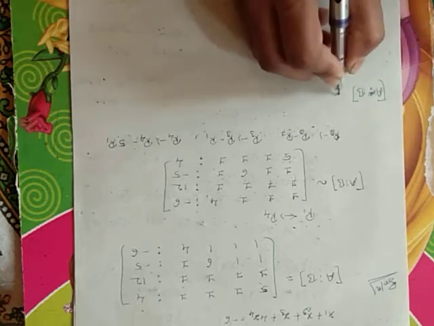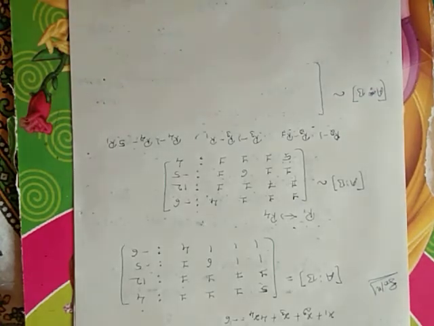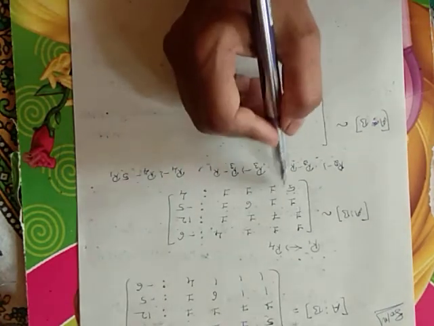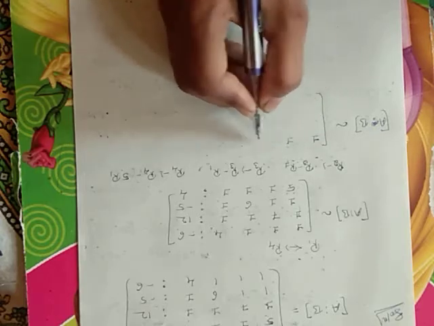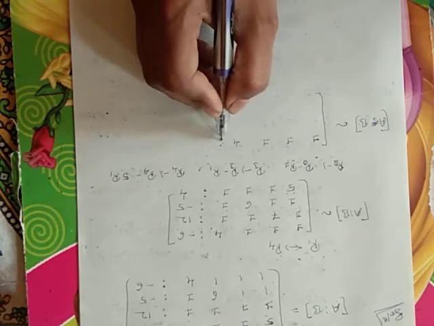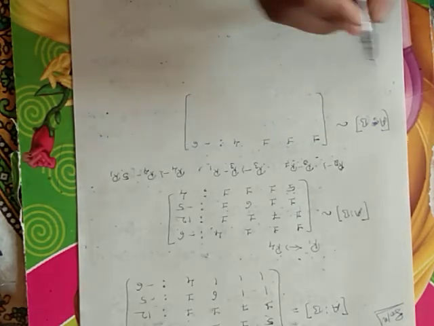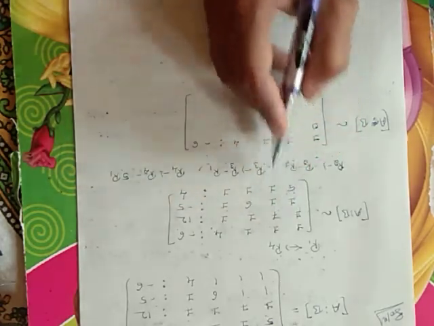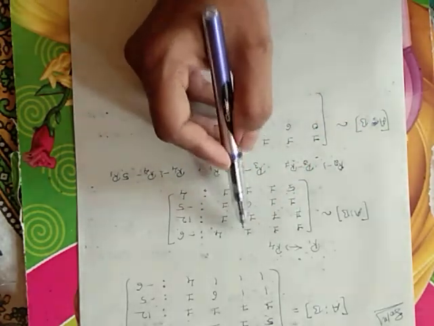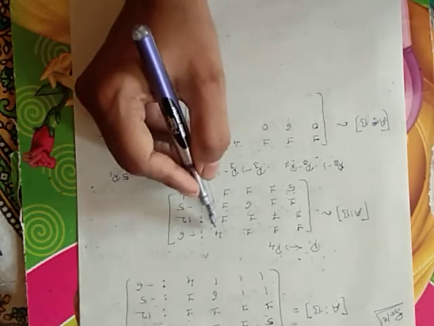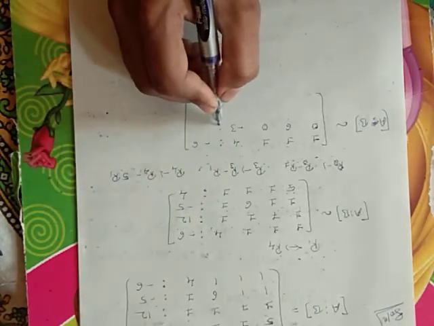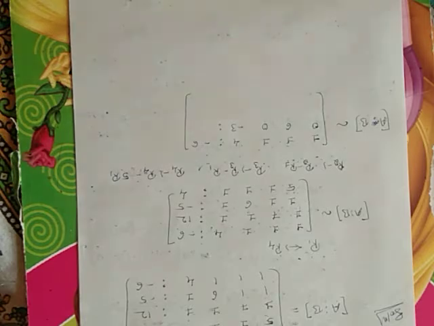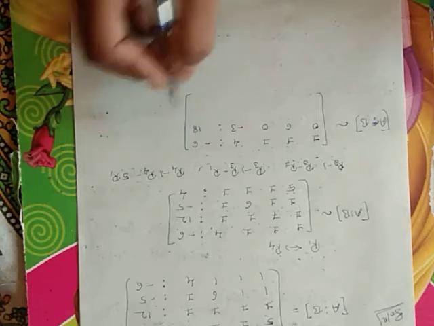Now your augmented matrix is equivalent to, write down your first row as it is. 1 minus 1 is 0, 7 minus 1 is 6, 1 minus 1 is 0, 1 minus 4 is minus 3, 12 minus of minus 6 becomes 18.